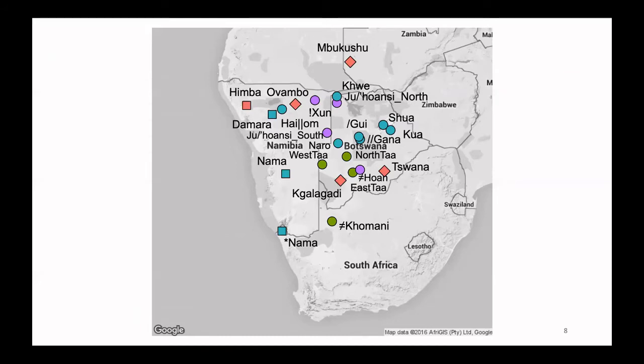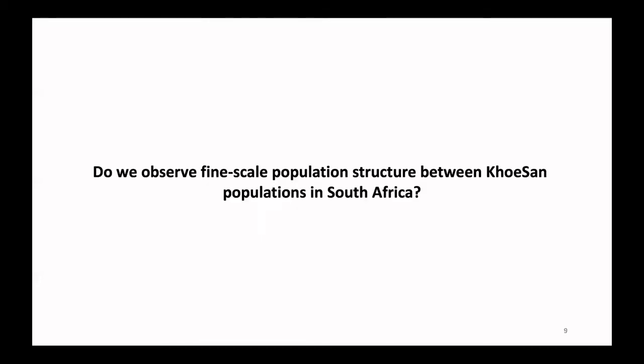One or two of the populations that I'm particularly interested in are the Nama in the Richtersveld, so northern South Africa, and the Komani in the Greater Upington region. Because of their shared history, one of the initial questions that I was tasked to answer was, is there fine scale population structure between these two populations?